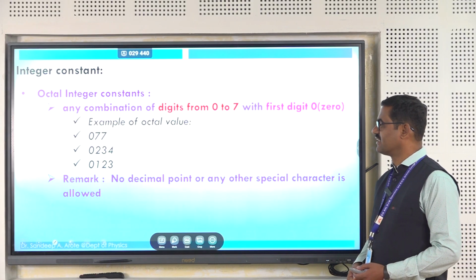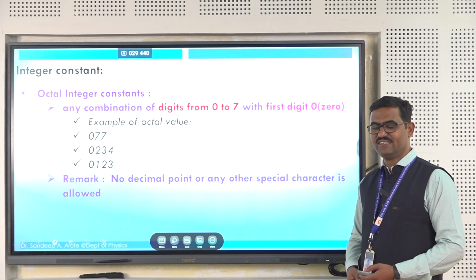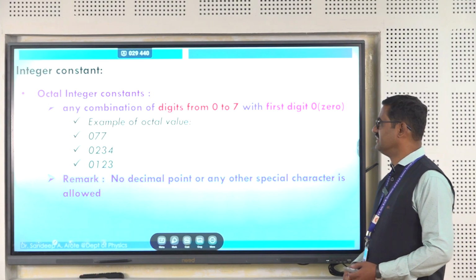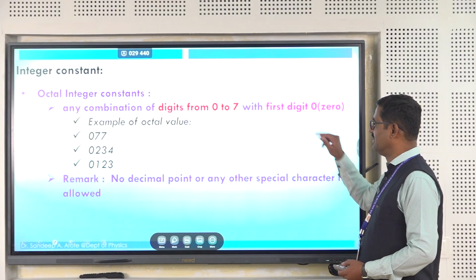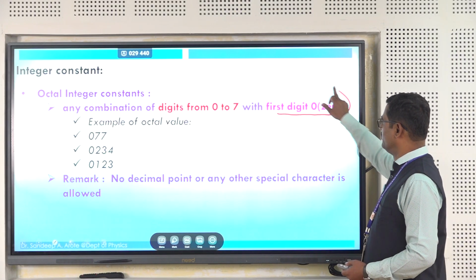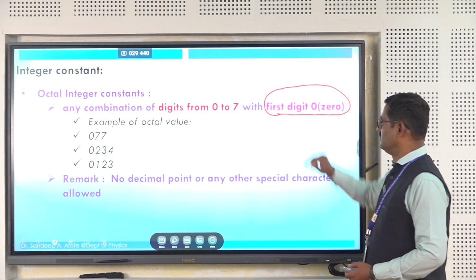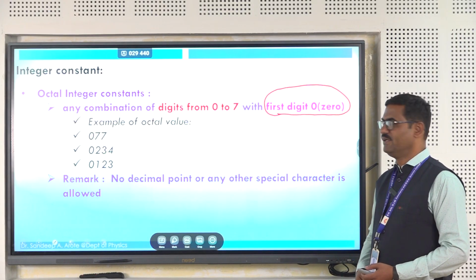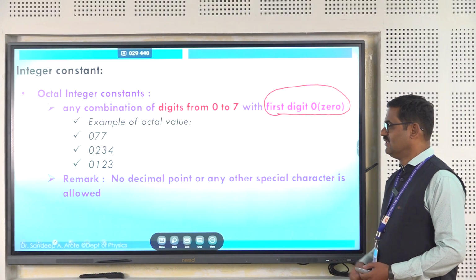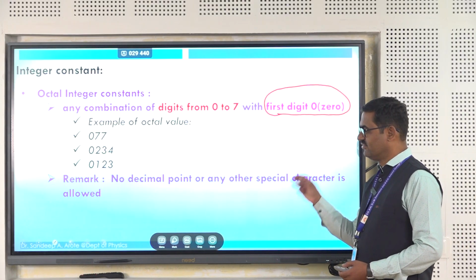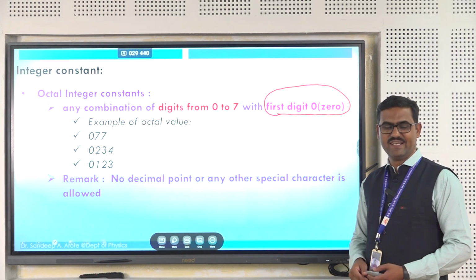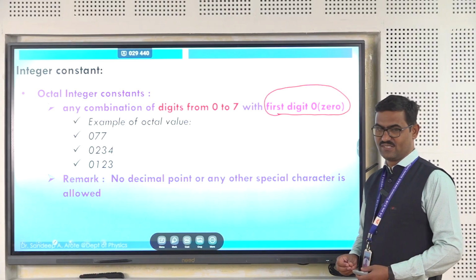The next is the octal integer constant. What is an octal integer constant? An octal integer constant is any sequence of digits from 0 to 7 with the leading digit as 0, that is, the first digit should be 0. These are valid examples: 077, 0234, 0123.